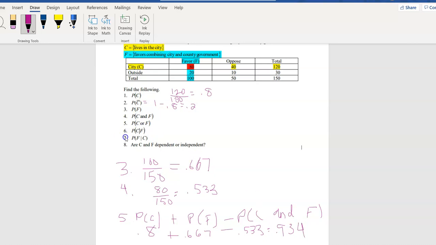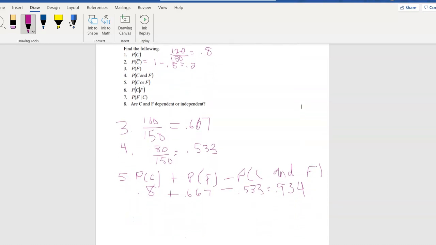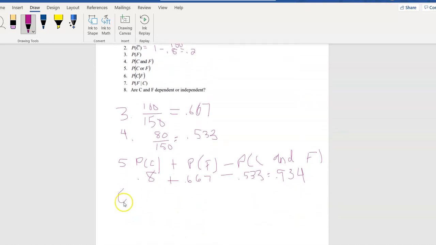All right, now let's go to 6, the probability of C given F. All right, so let's use the formula. The probability of C given F is the probability of C and F over the probability of the second one in the notation, F. So the probability of C and F was number 4, 0.533.